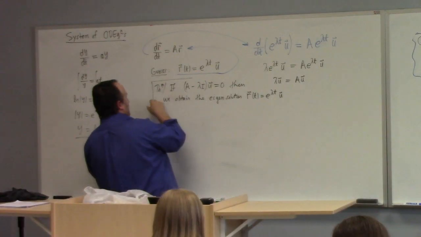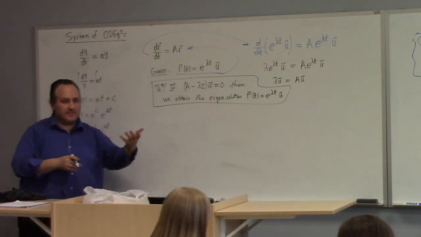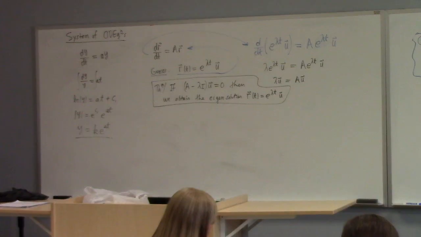That's what this calculation shows: anytime you have an eigenvector, you get an eigensolution. All right, well that's comforting because we found lots of eigenvectors, right?